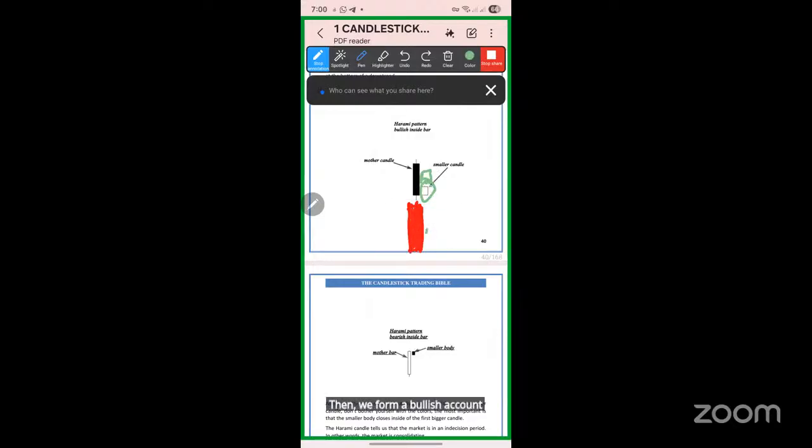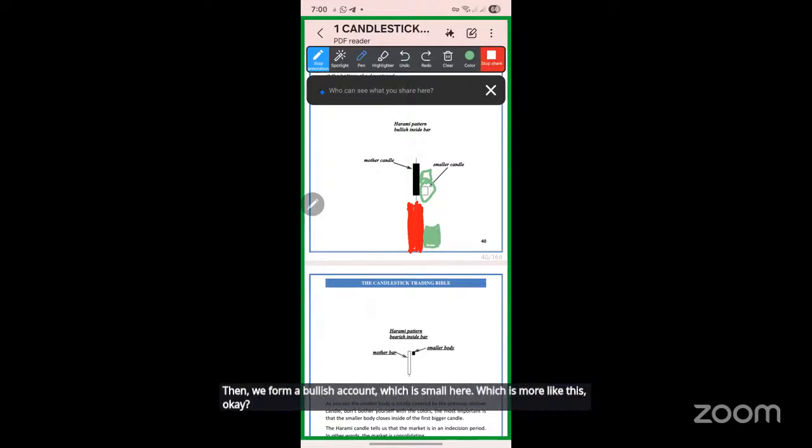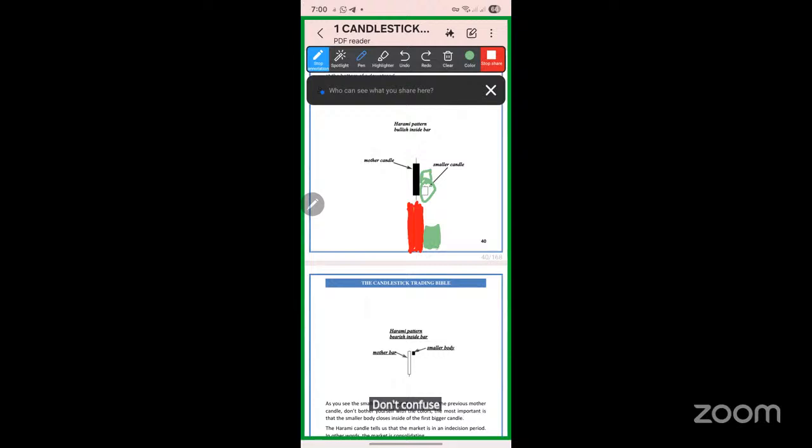Don't confuse this with the bullish engulfing we are going to see. This one is called a bullish harami: a red mother candle, followed by a green baby candle. It qualifies as a market reversal signal to the upward side.